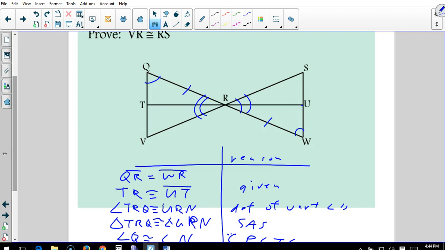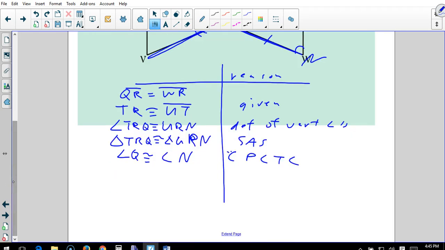So we can say that angle QRV, right here, this angle, is congruent to angle NRS. And hopefully you can see where we're going with this. Now we just got to say the Q and N were the same, so we got to go in the opposite order. And that's again definition of vertical angles.